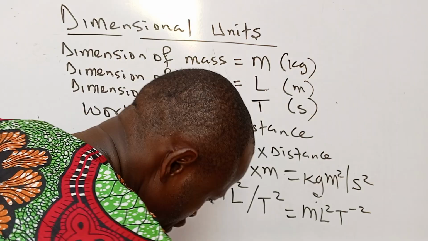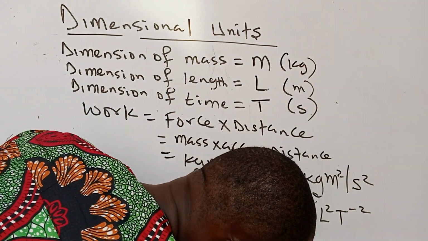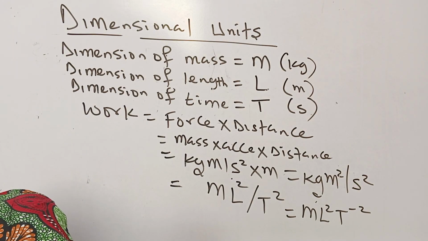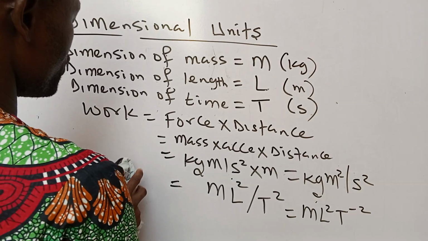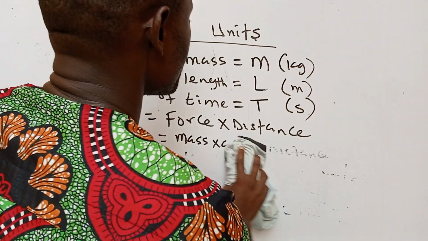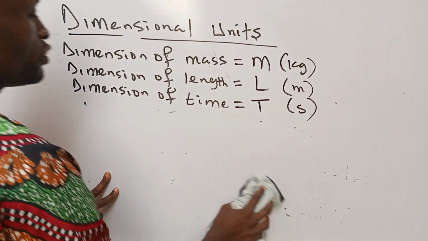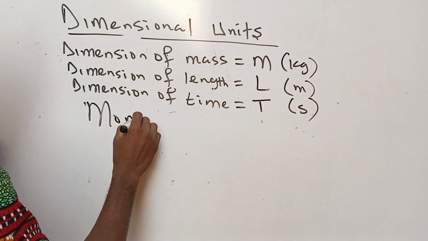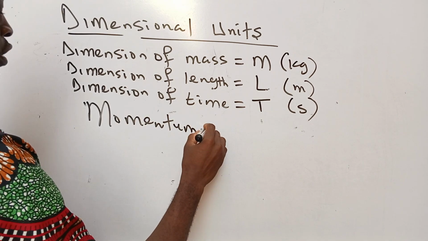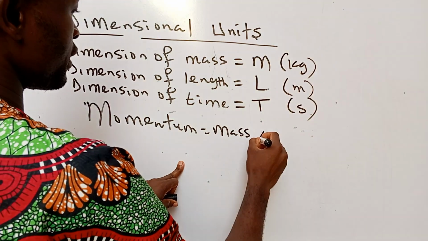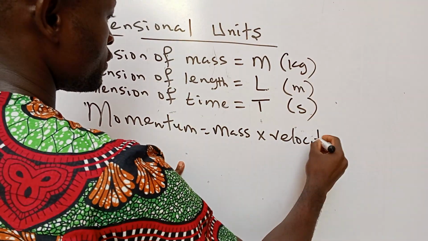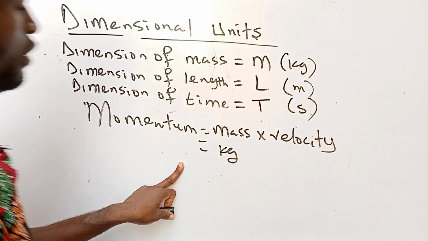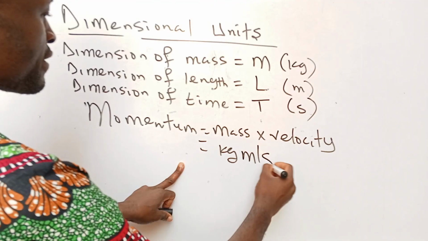Then let us look at the dimensional unit of momentum. What is momentum? Momentum is a product of mass and its velocity. The unit of mass is kilogram, then the unit of velocity is meter per second.